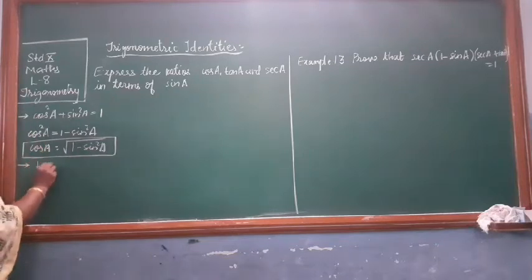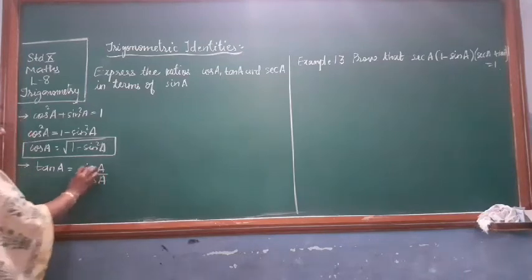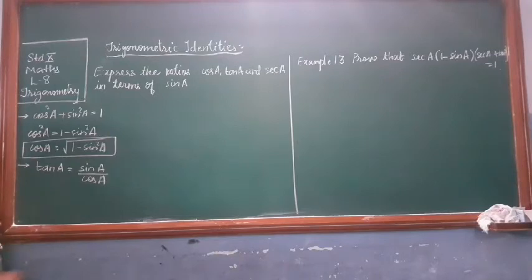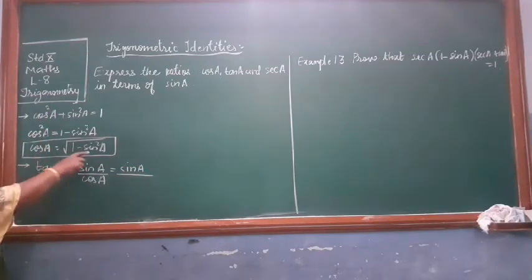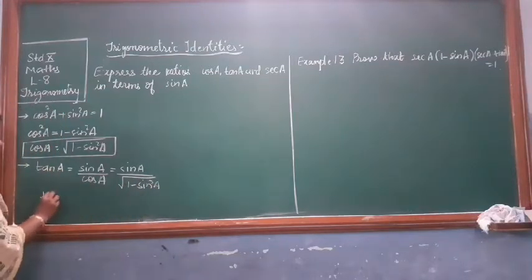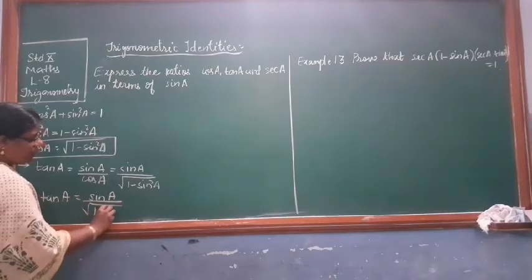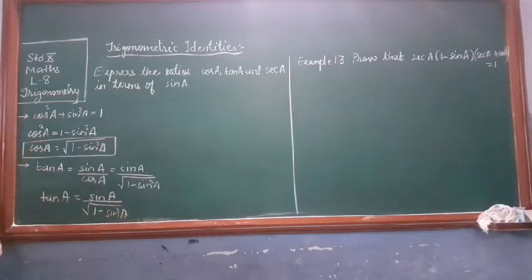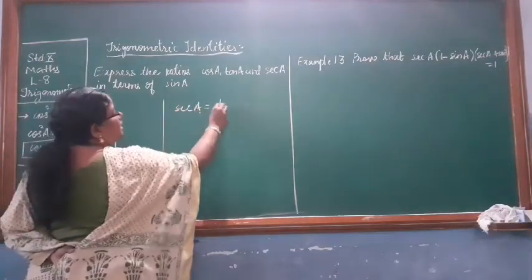Second, it is tan A you have to express in terms of sin A. Now tan A you know is equal to sin A by cos A. In the numerator we already have sine, but in the denominator we don't want cos, we want sine. So again sin A upon cos A. Now here we wrote cos A is what? It is under root of 1 minus sin square A. So here you have expressed your tan A in terms of sin A upon under root of 1 minus sin square A. We got tan A in the form of sin A. Next is sec A. Now sec A is what? It is the inverse of cos.